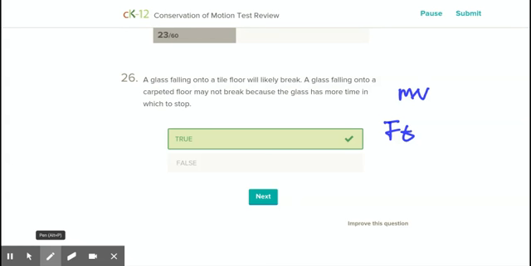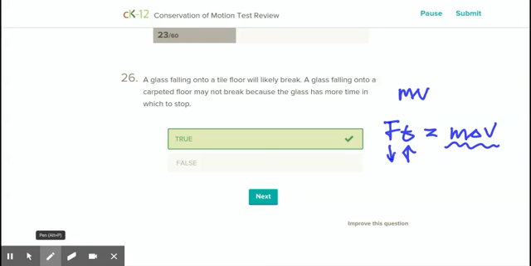And the momentum change doesn't change, okay? m delta v, the impulse doesn't change. However, if you have longer time, you will create less force when the glass is hitting the floor. So more force will make it crack easier, less force will prevent it from cracking.